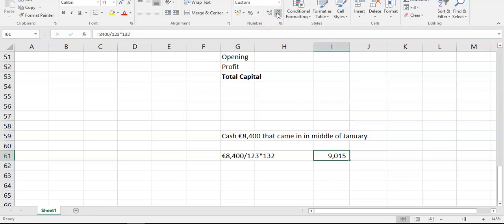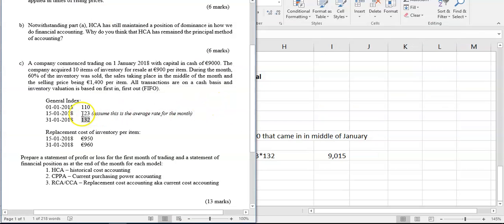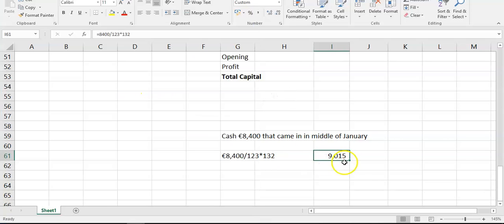So what we mean by that is something that would have cost 8,400 in the middle of January, and that you could have afforded with the 8,400 you got in from your sales, is now expected to cost 9015. The fact that the cash is still valued at 8,400 means you have a loss in purchasing power of 650.